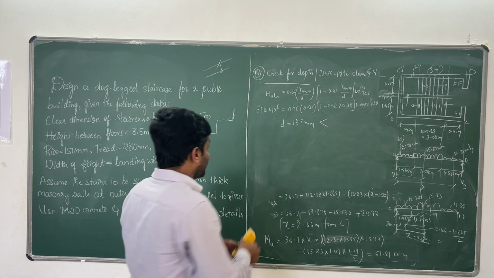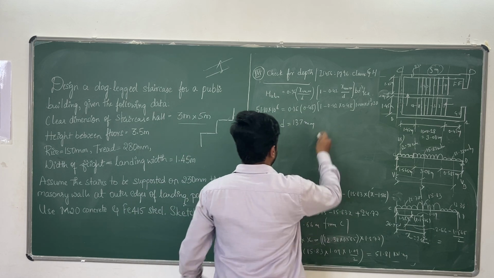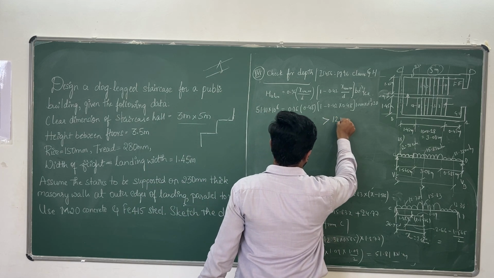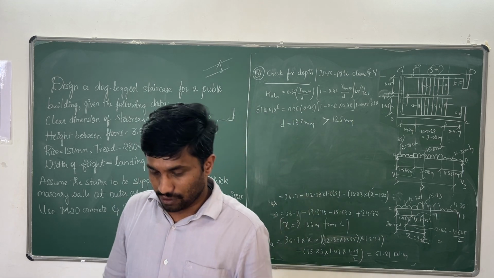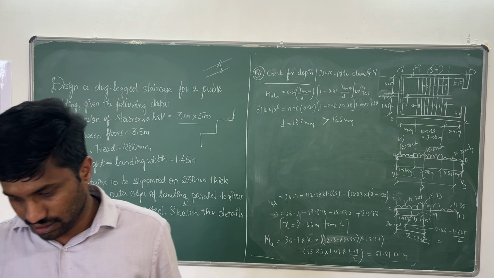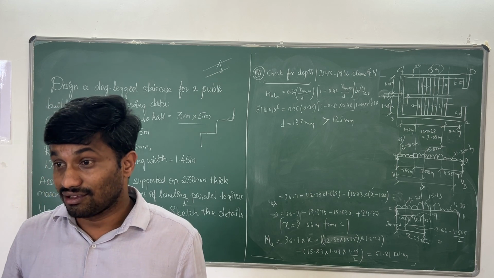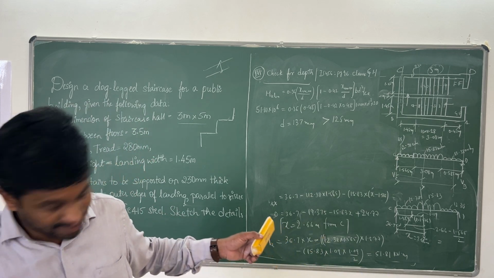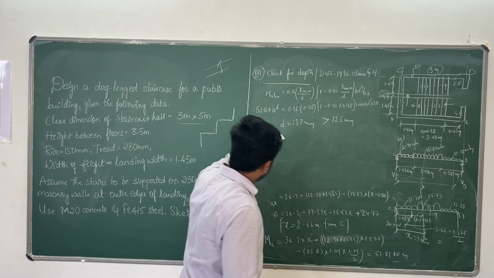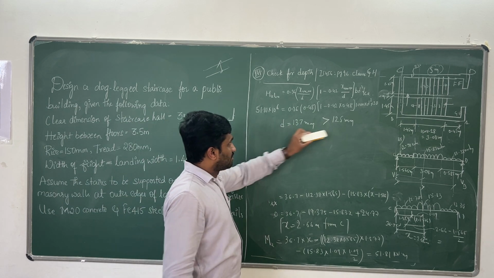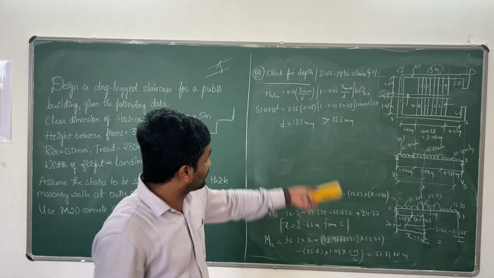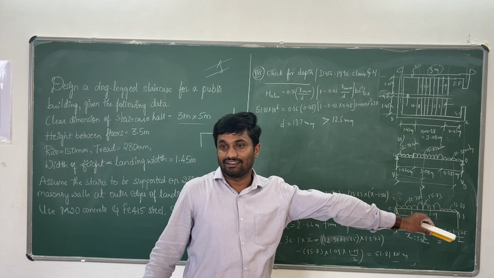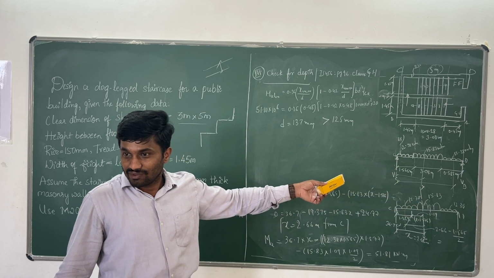Which is greater than the 125 mm that we have assumed. So it is not okay. Why? If we had assumed 150, then it would be okay.